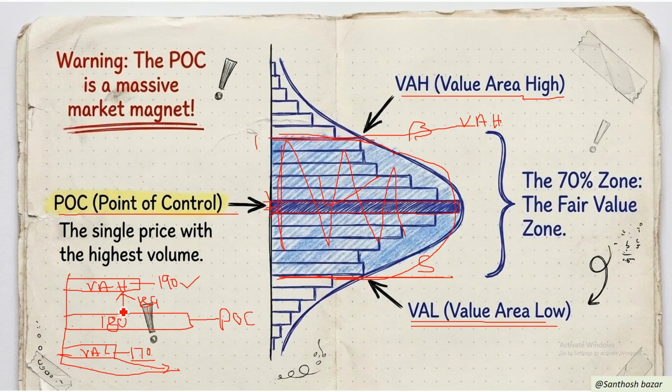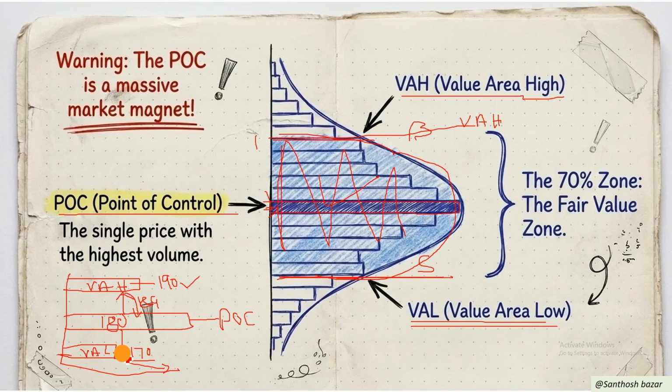Institutions will stop buying because it is too close to value area high, which is 190, which is expensive. Then the sellers will push it back towards 180, the POC, which will act like a magnet and is the fair value price for this stock.